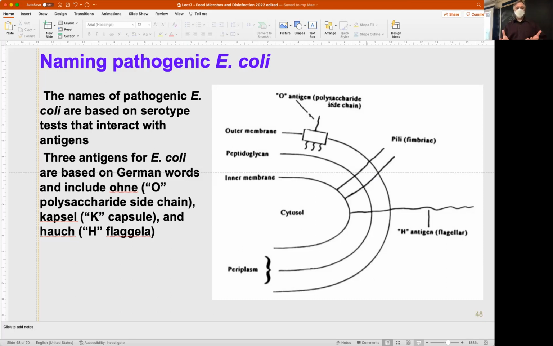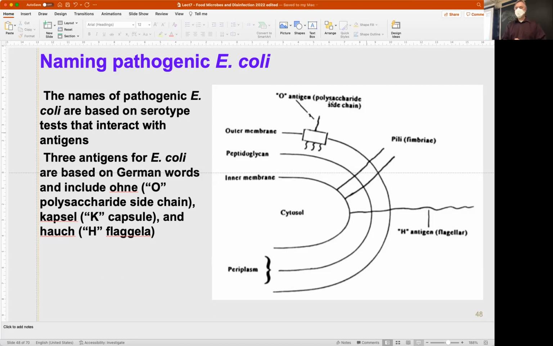The O stands for a German word, and the O is like a polysaccharide chain off of the bacteria. There's a K antigen as well as an H antigen, and the H is from a German word for the flagella.